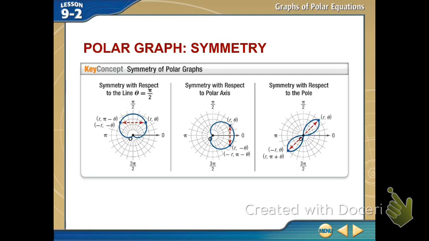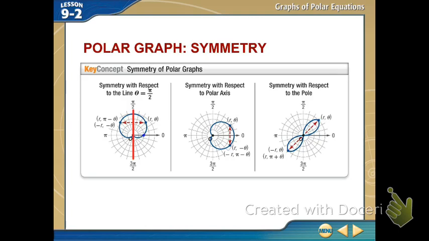So again, just remembering what symmetry looks like, right? Here is symmetry about the line pi over 2. So that's this line right here. There's the axis of symmetry, and you'll notice that every point that's plotted on the right has a mirror image on the left. So if I plot a point over here, then there's a matching point over here.